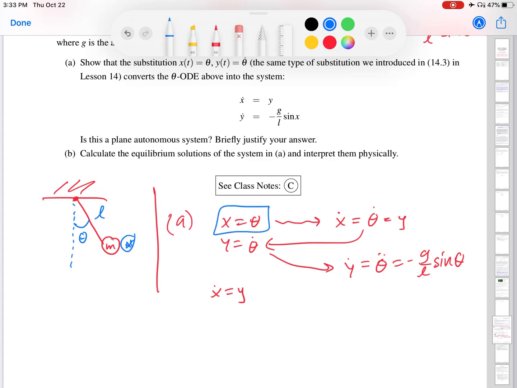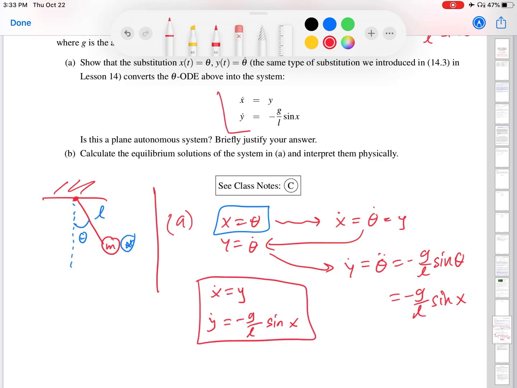So I'm going to insert that in here, minus g over L sine of x. So that's my second equation in my system. Great. And this completes this part of the example. You can see that we have derived the system up here. So we've now converted one second-order ODE into a system of two first-order ODEs.